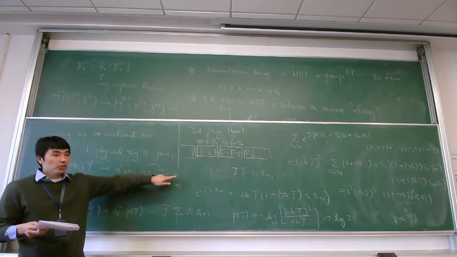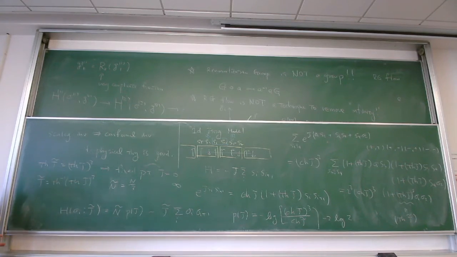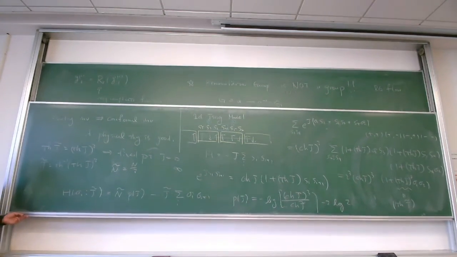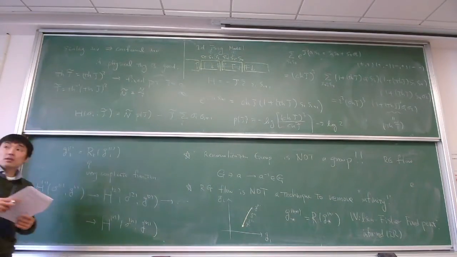So at high temperature and at zero temperature, it becomes a fixed point. So that's the one-dimensional Ising model.